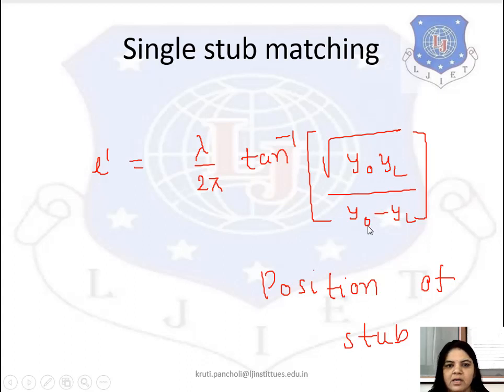Whenever impedance matching is required at high frequency, we need to find out the position of the stub and the length of the stub, and from that we can design the transmission line and avoid the mismatch in the impedance, and also avoid the losses which can be there due to the mismatch of the impedance.